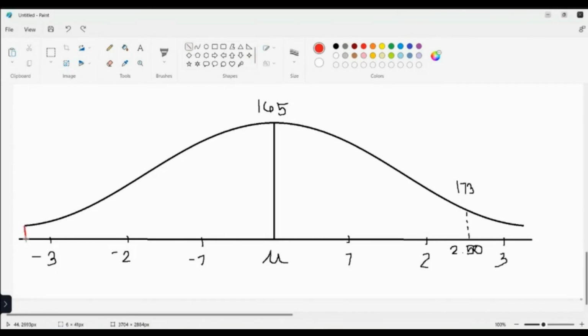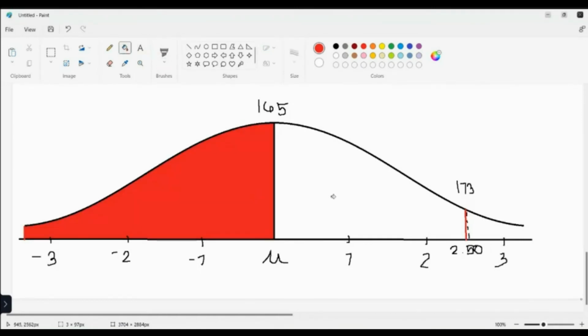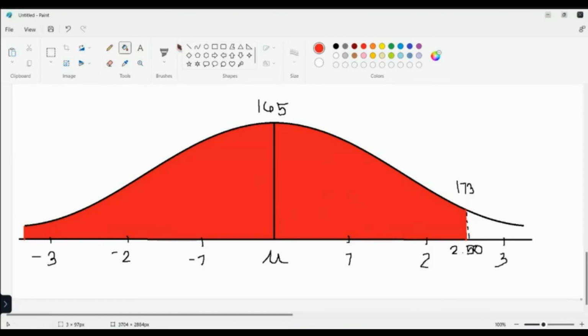Let me close this. Ayan. I want the z-score, the area from the mean, from 165 to 173 using your table.